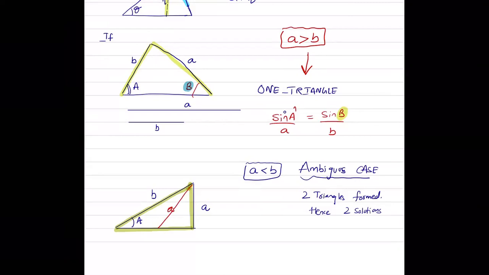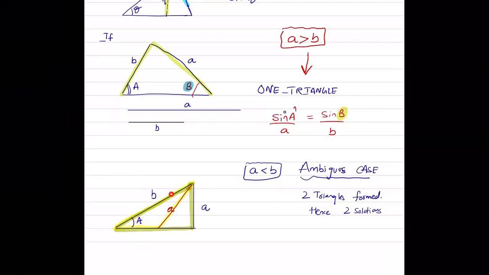Okay, so what I'm trying to say is that there is a possibility of having another triangle having the same dimensions of A, B, and angle A. So the length A, B, and angle A stays the same, which means that I can construct two triangles having these dimensions.